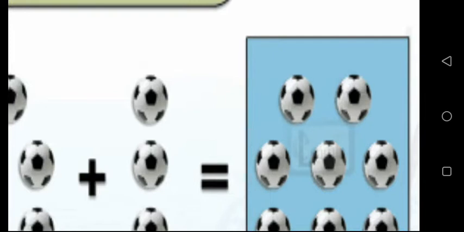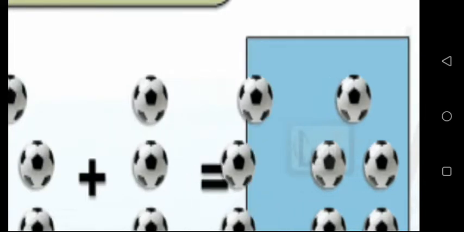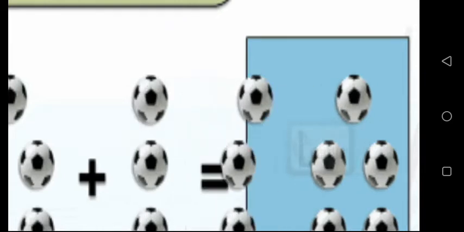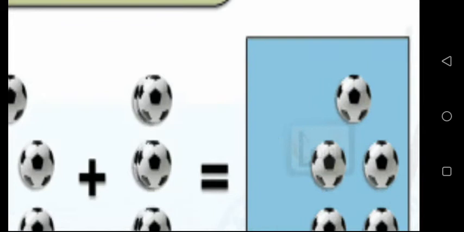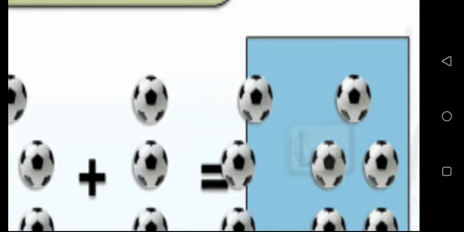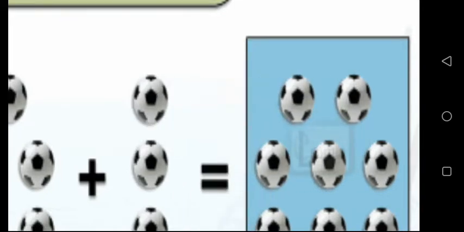Okay, we have another example. Yes, we have balls here. The first set of balls is 3. Now the second set is made up of 5 balls. Now what they are saying is 3 balls plus 5 balls is equal to how many balls? It's quite easy.